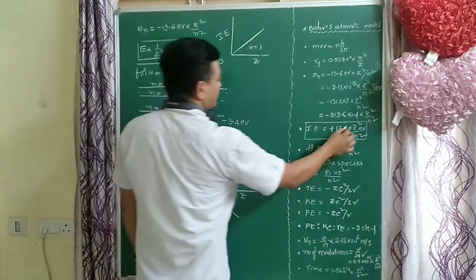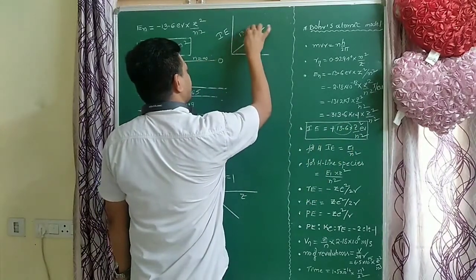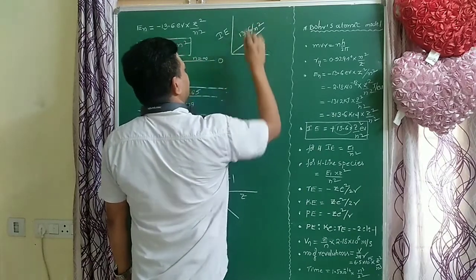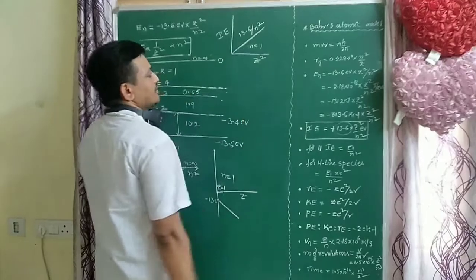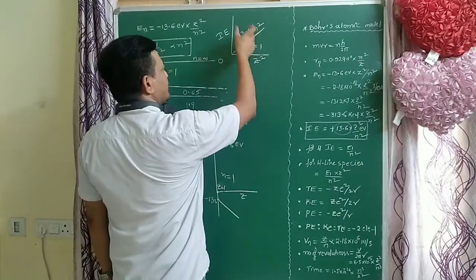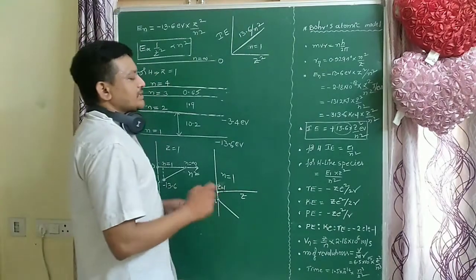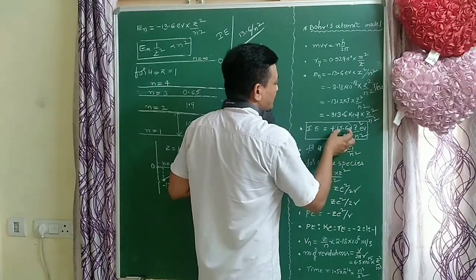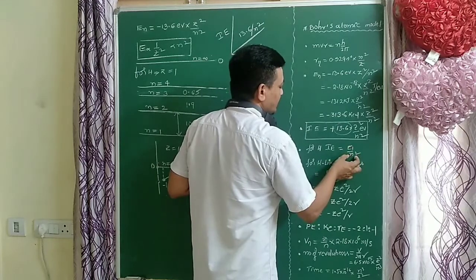In the graph between ionization energy and Z square, the slope equals 13.6 by n square. For n equal to 1, the slope is 13.6. For hydrogen atom, ionization energy E1 equals 13.6 electron volts by n square.